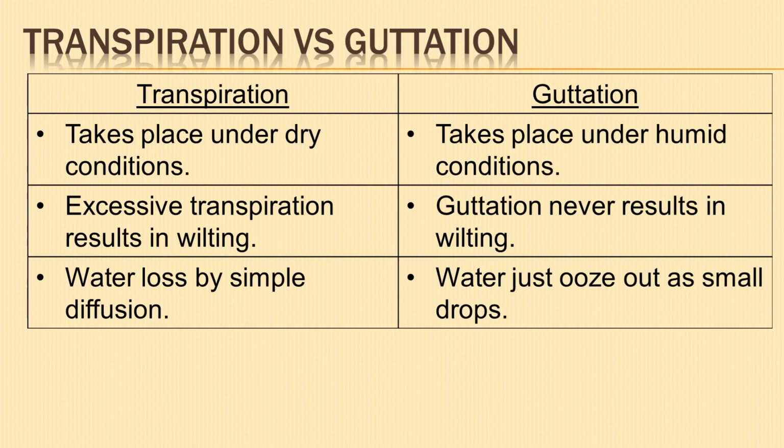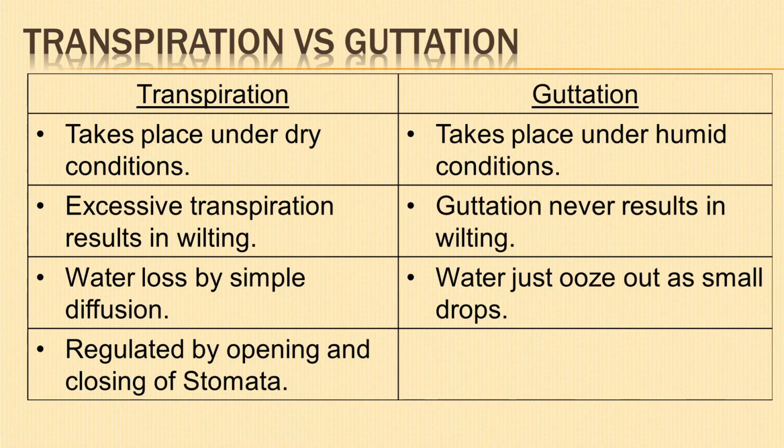In guttation, water loss is not by diffusion. Water just oozes out as small drops. Transpiration can be regulated by regulating the opening and closing of stomata. Since there is no opening and closing mechanism for hydathodes, guttation cannot be regulated.